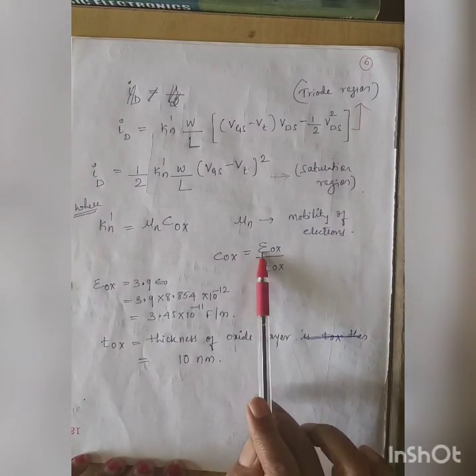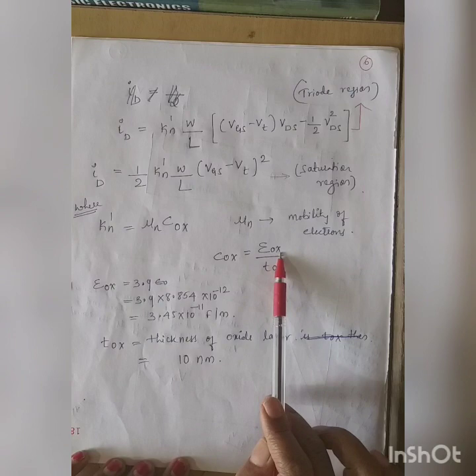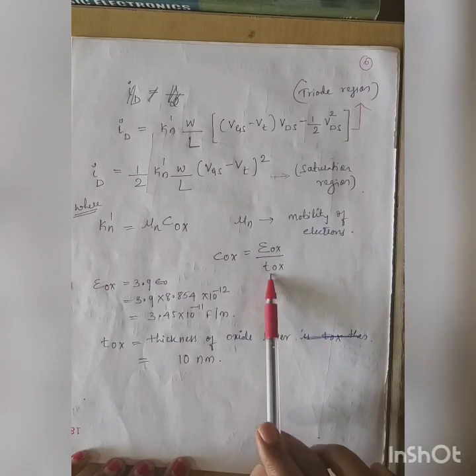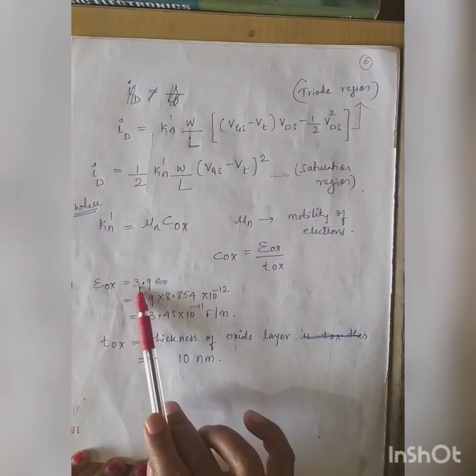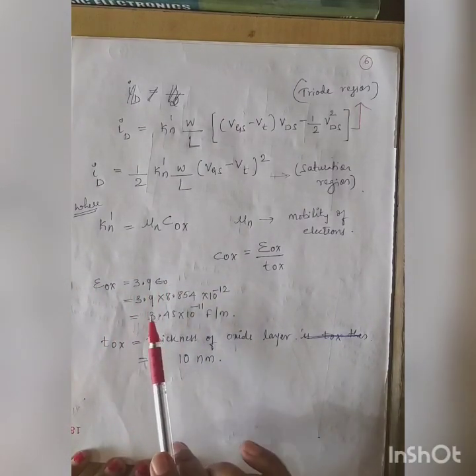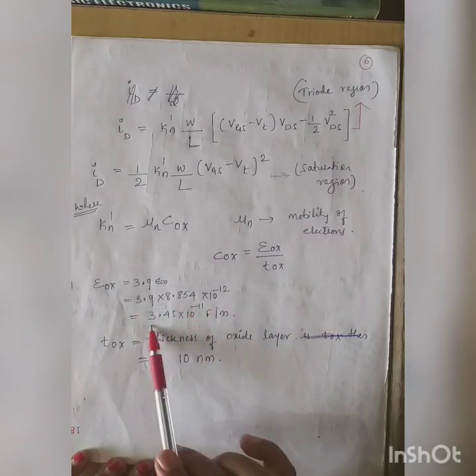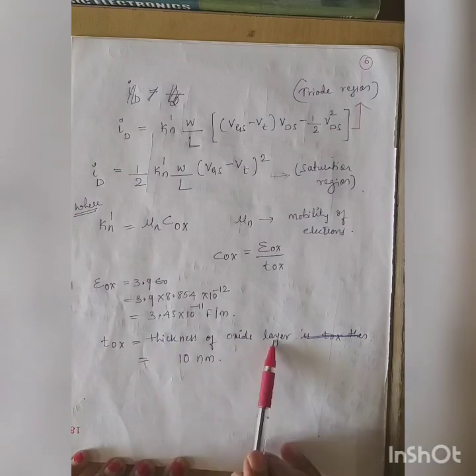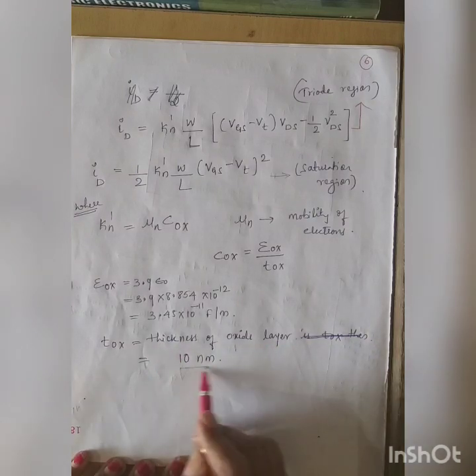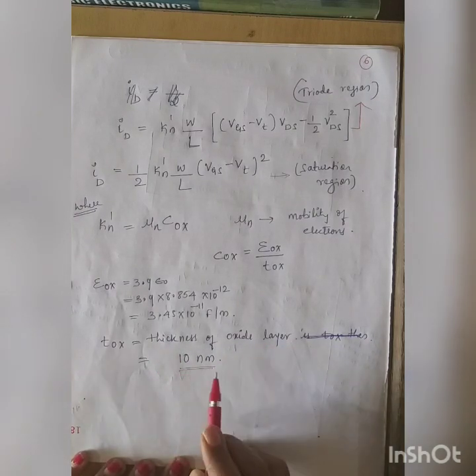So epsilon ox is the permittivity of the oxide material used, that is silicon dioxide, and TOX is the thickness of the oxide. Epsilon ox is given by 3.9 into epsilon naught for silicon dioxide. The thickness depends on the construction, which typically is of 10 nanometer.